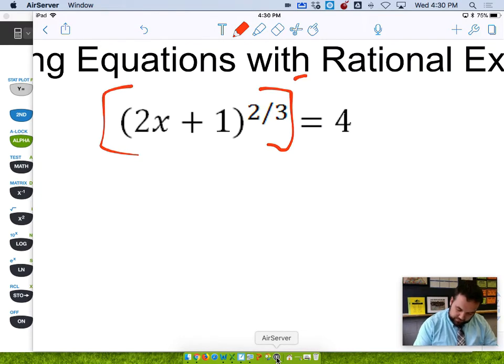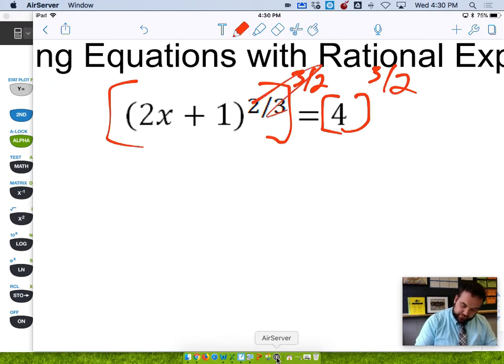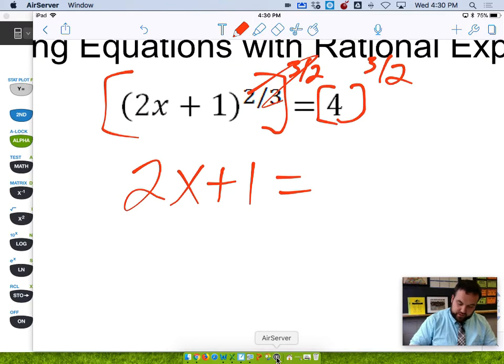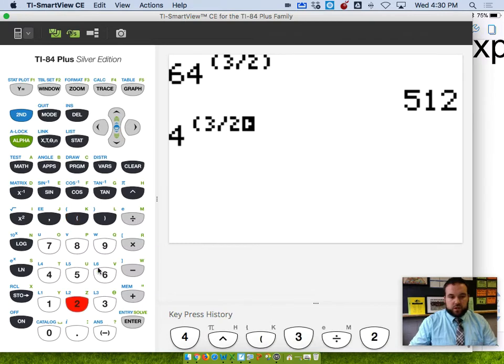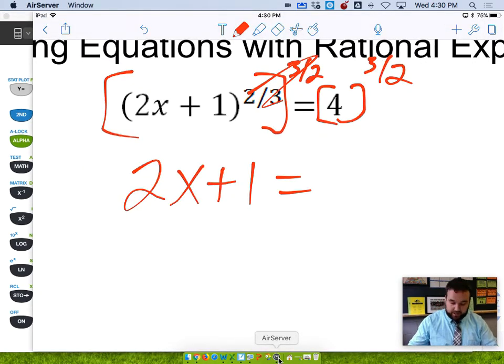I'm going to raise both sides to the 3/2. If I do it to one side, I have to do it to the other side. Doing that will effectively cancel out those exponents and leave me with 2x + 1 is equal to, now here's where if I type 4 to the 3/2 power, the calculator is going to tell me 8. And then I have to ask myself, do I need to introduce plus and minus?